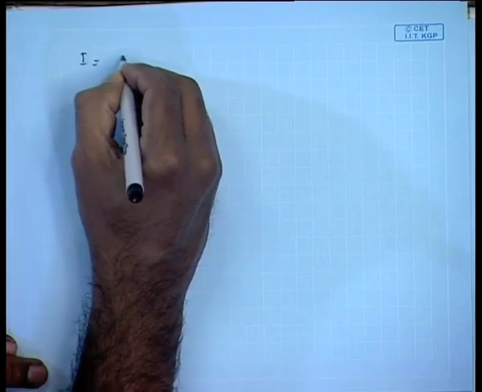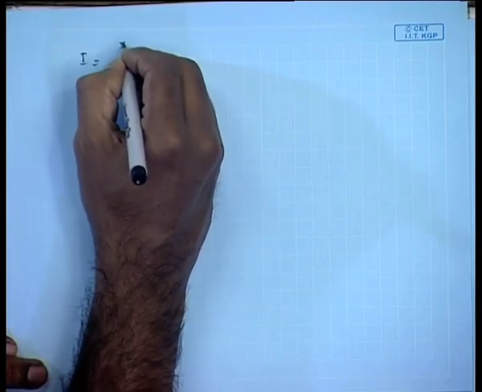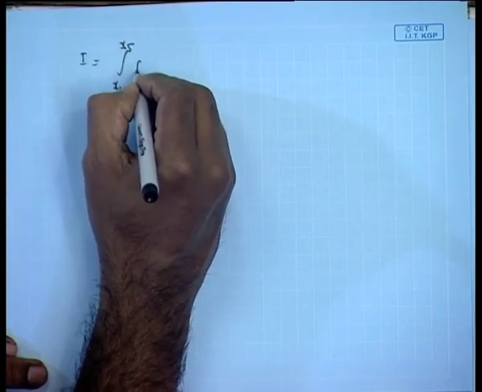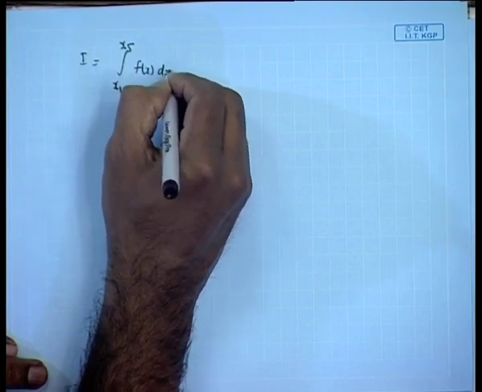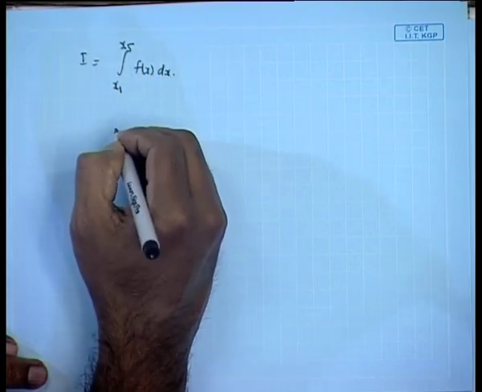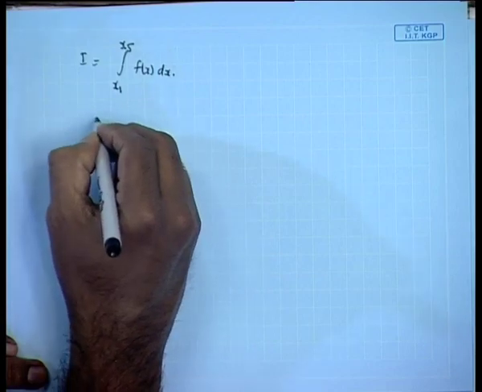If I is the integral, what we are trying to do is the integral from x1 to x5 of f of x dx.